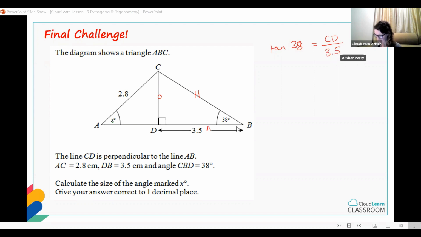Okay, so CD is going to be equal to, in the chat, you don't have to pop the answer, but pop the thing that you would type into your calculator for me. What would you have to type into your calculator to find CD there?